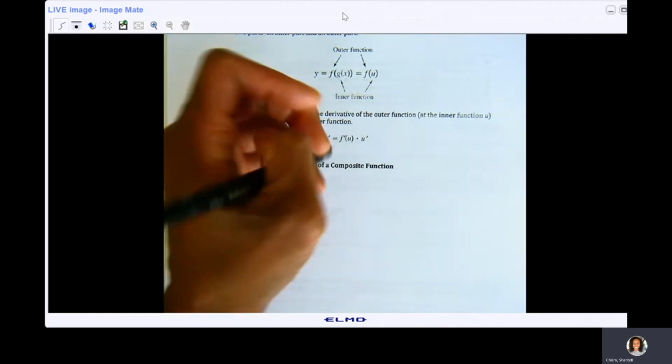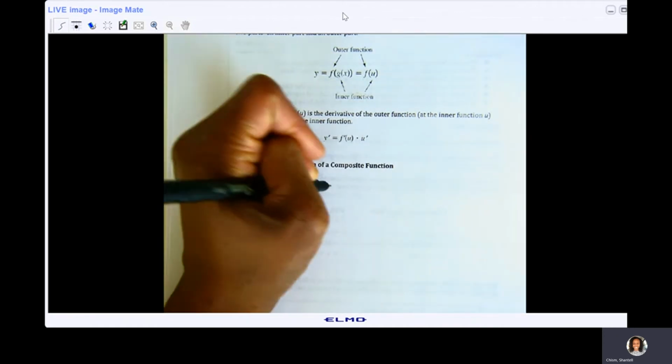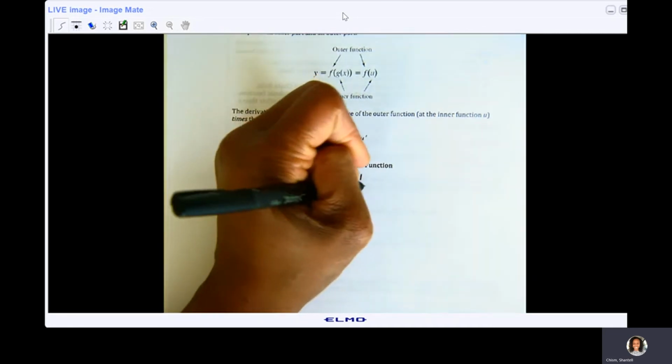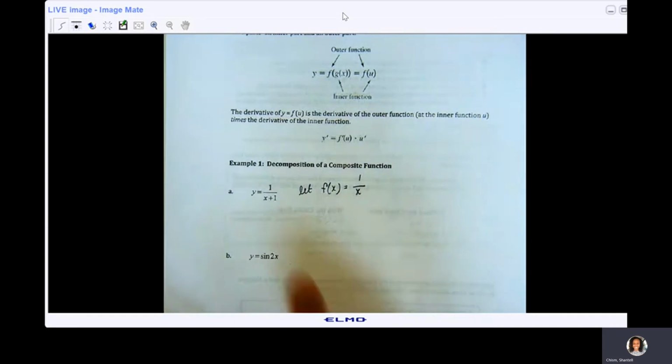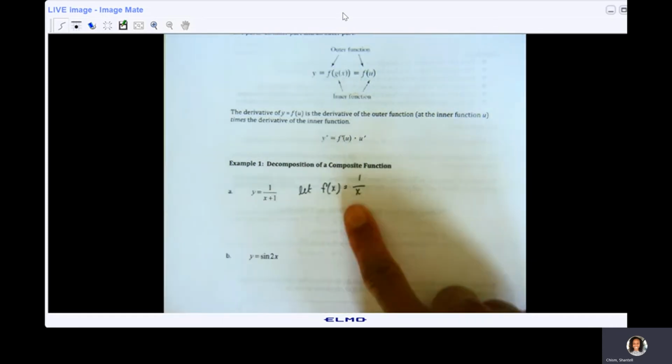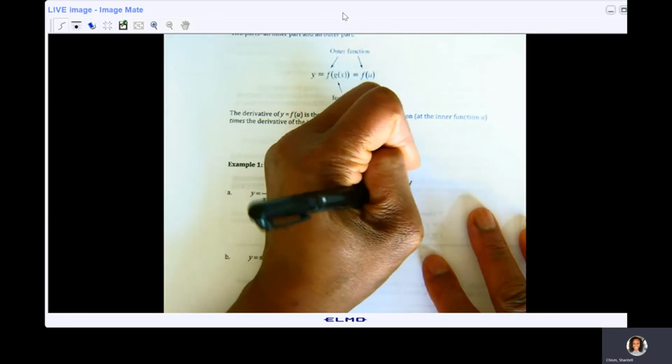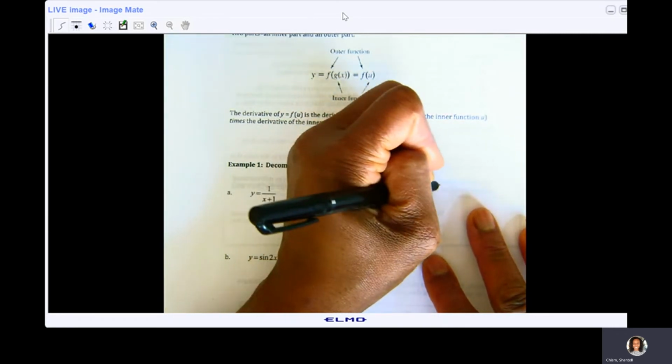So we could let the outer function f of x equal 1 over just x, and where we had just x, we replace it with x plus 1, because we can let g of x be x plus 1.